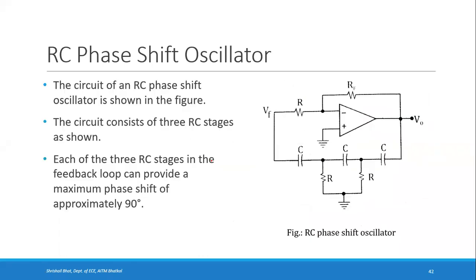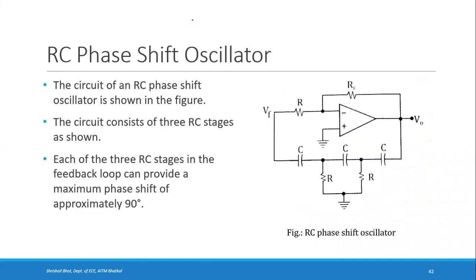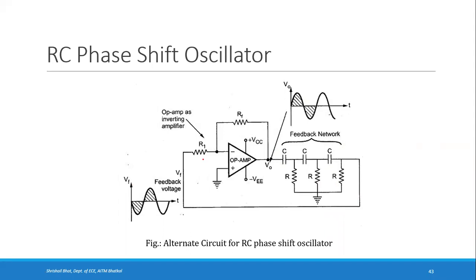In some books they give different circuits, so whichever is easy for you, you can study that. In your prescribed book, this is the circuit given. Here you can see the same thing, but it is drawn like this, with another resistance. Anyway, both the circuits are fine. This will be the output voltage, and this will be the feedback voltage.